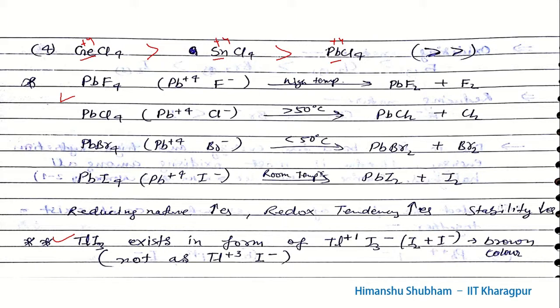A particular compound should be stable in a higher oxidation state if it is associated with a halogen which has a higher oxidizing nature, and it will be happier in a lower oxidation state if it is associated with a halogen which has a poor oxidizing nature. I think these concepts are quite clear, and we will be able to apply them in solving questions quite confidently.